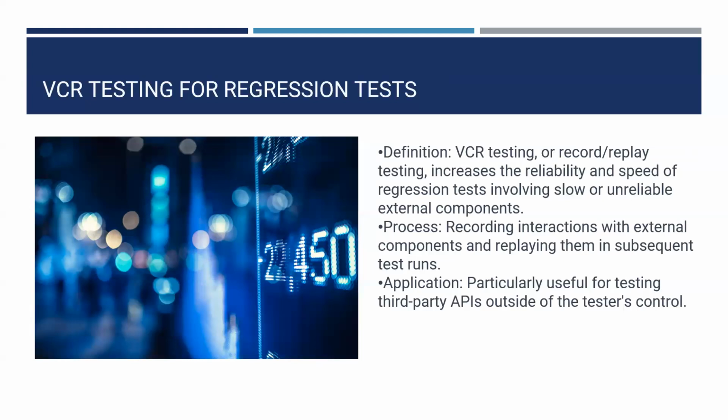These processes involve recording interactions with the external components and replaying them in a subsequent test run. VCR testing is particularly useful when testing third-party APIs that may be outside of the tester's or the user's control, ensuring that the software interacts seamlessly with the external systems.